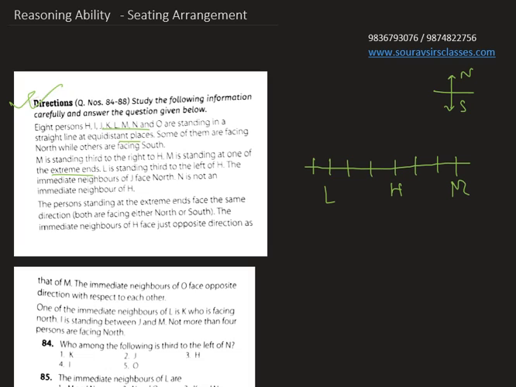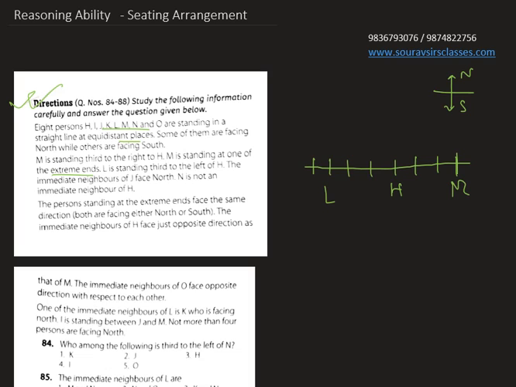The immediate neighbors of J face north, and N is not an immediate neighbor of H. The person standing at the extreme ends face the same direction.